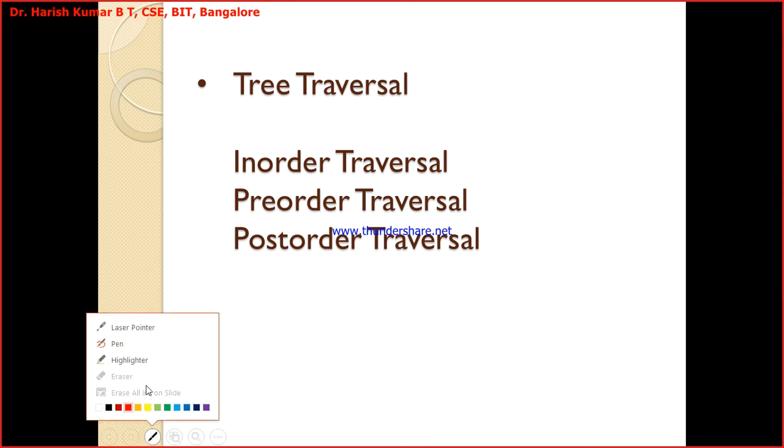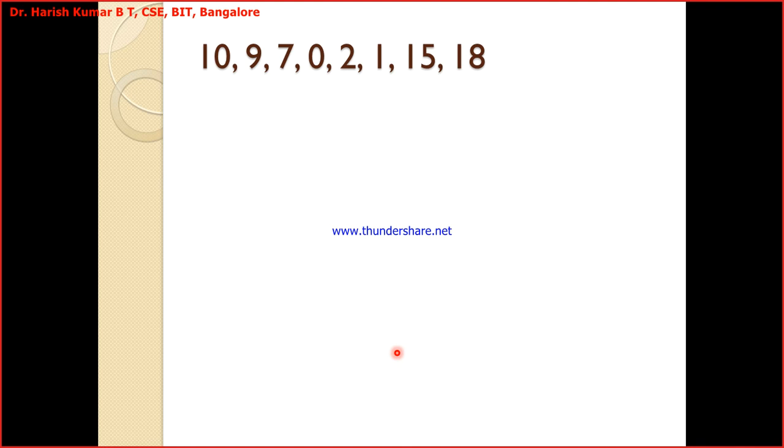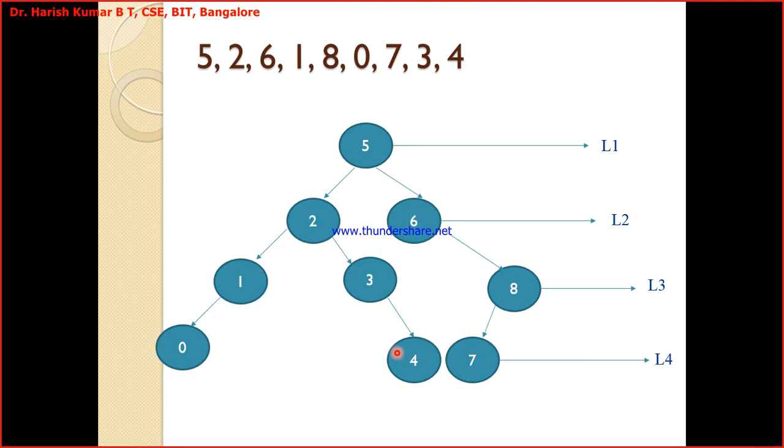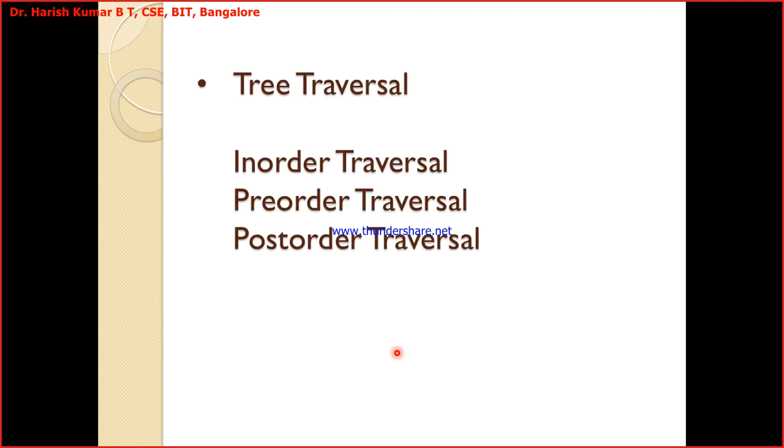Now each one of these things we are going to discuss. So you have to carefully understand, because they might give you the sequence of an integer list and ask you to construct the binary search tree. When they ask you to construct the binary search tree, this is how you have to construct it, and later they'll ask you to traverse the tree using Inorder, Preorder, and Postorder.